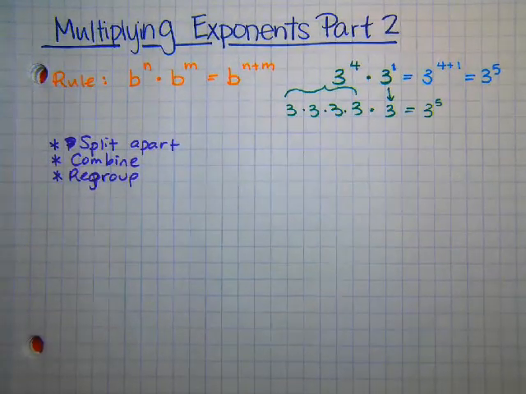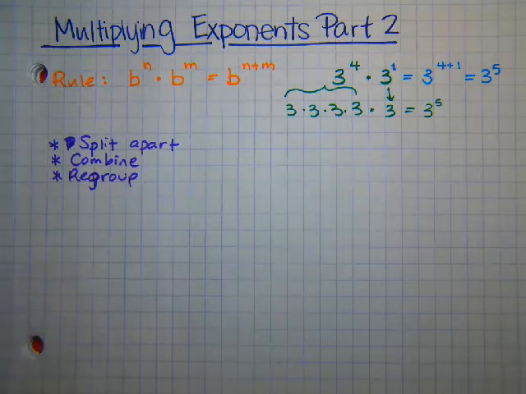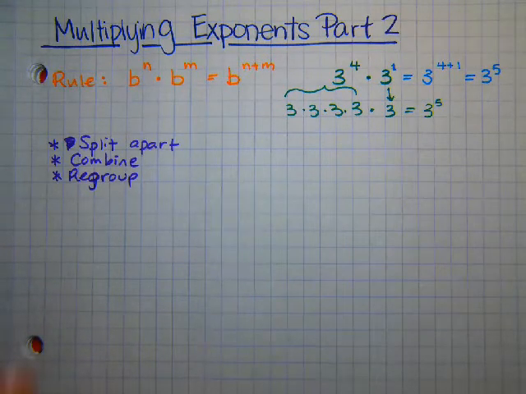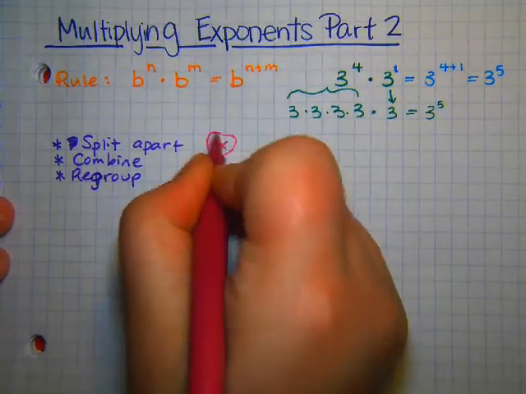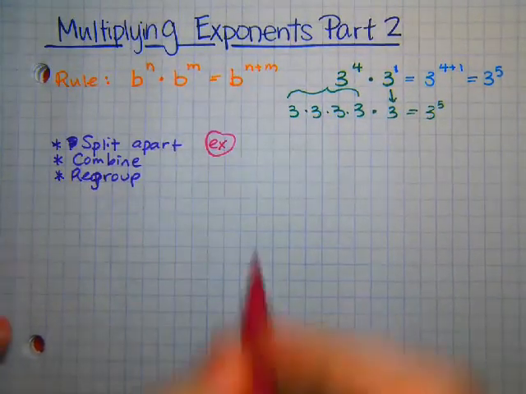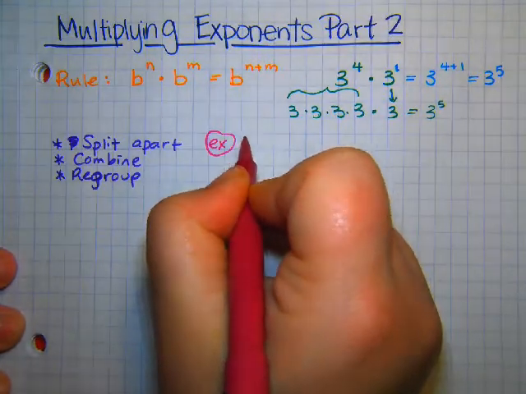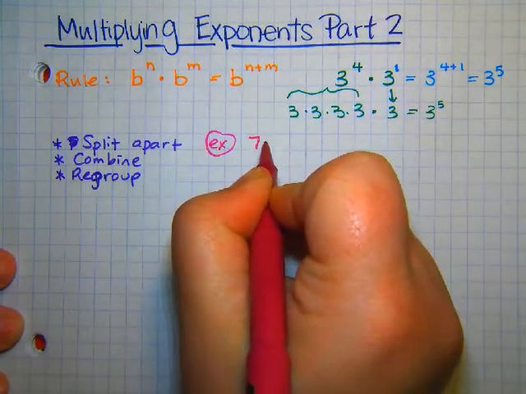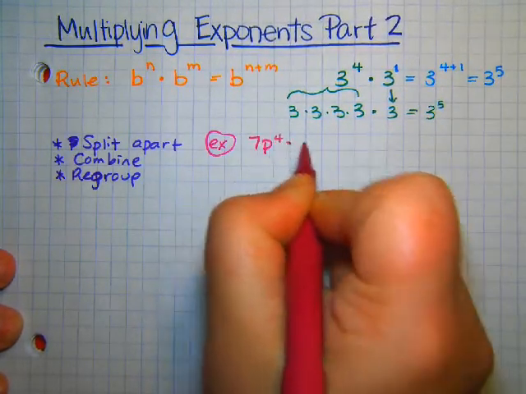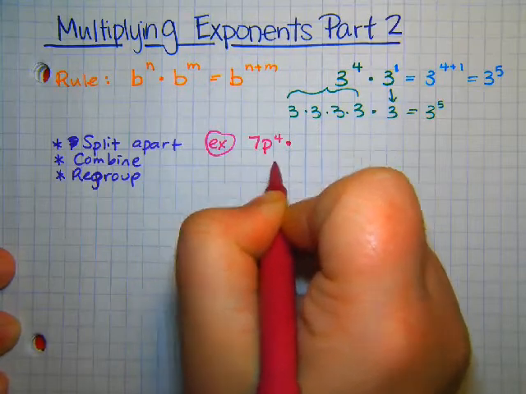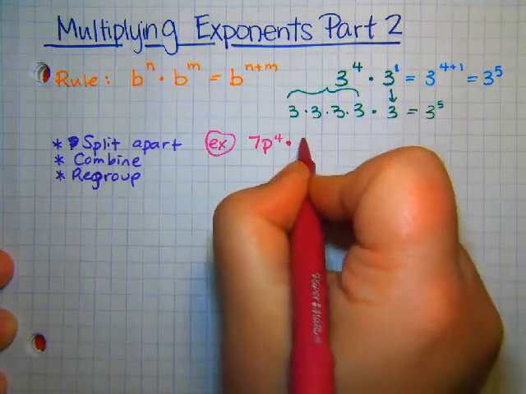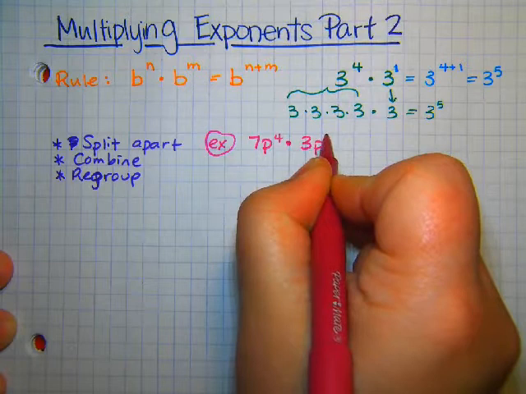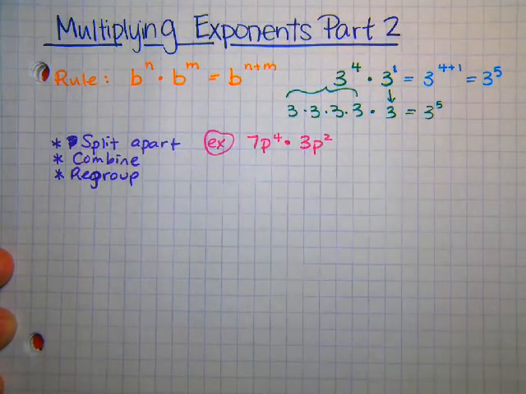Okay, so let's say, for example, we have too many colors or not enough, you decide. Let's start a little simple, like 7p to the 4th times, so notice now I have a coefficient and then a variable with an exponent, 3p squared. So, or to the 2nd power, as you might say.